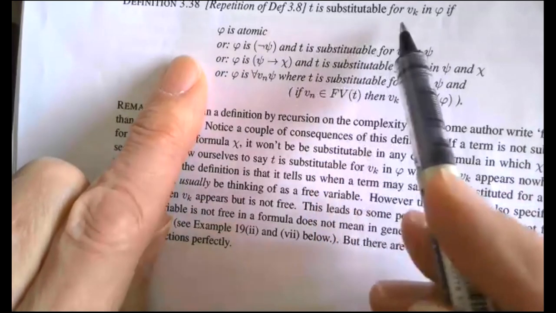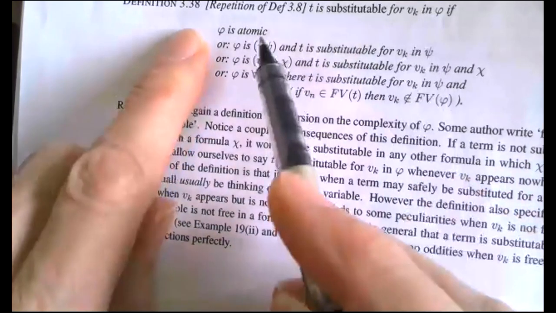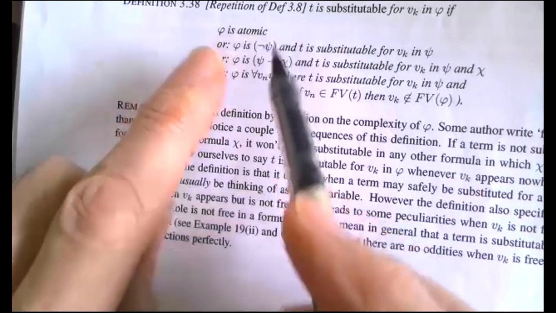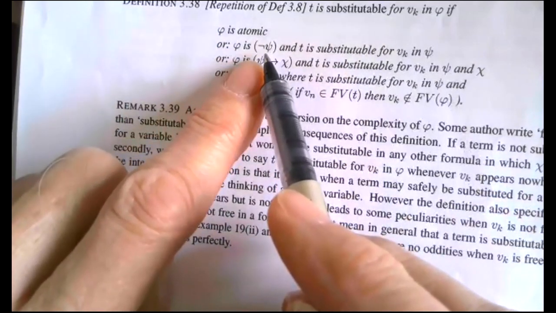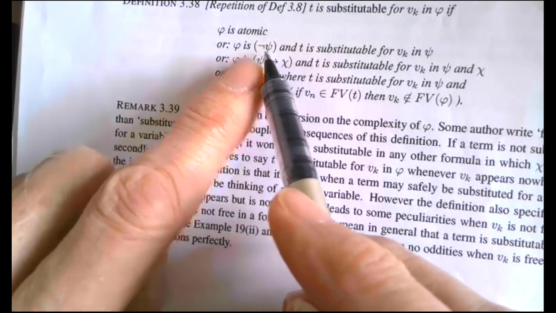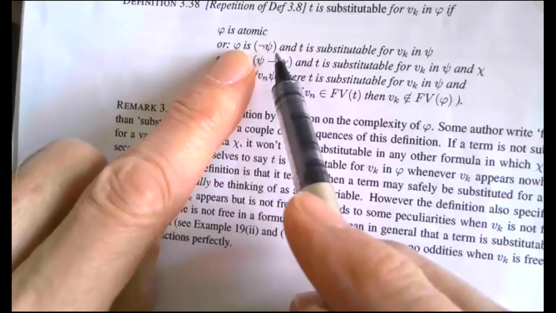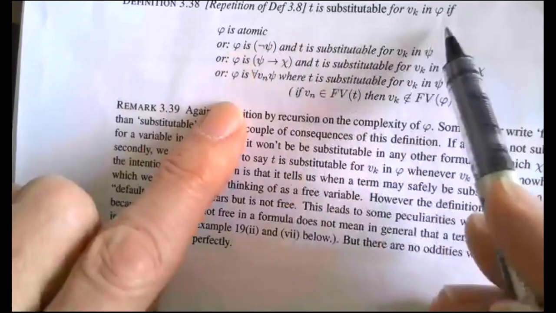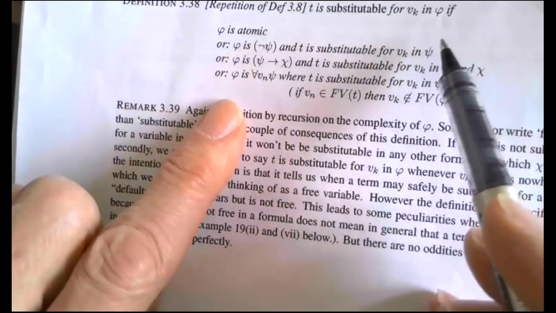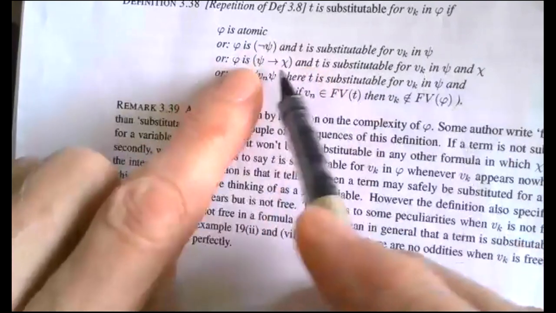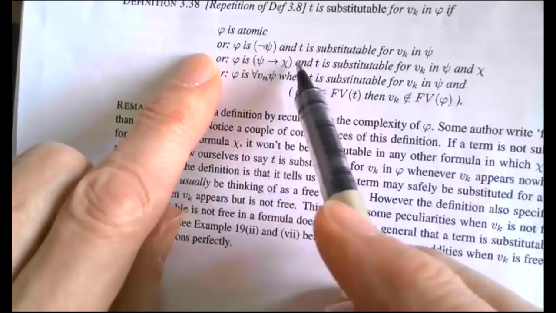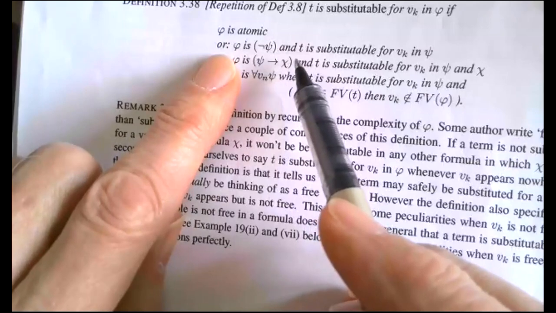We say that t is substitutable for a variable if the formula is atomic, or, assuming we know what substitutable is in some simpler formula, we say what it is to be in the whole formula. Likewise, if we know what substitutability for Vk in psi and chi is, and that it holds, then we know what it means in the more complex formula.